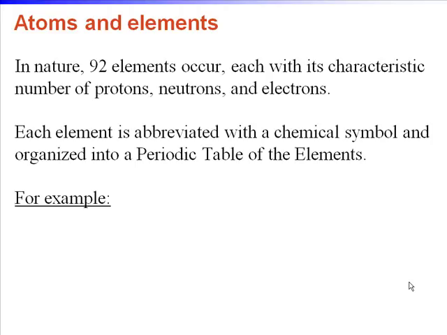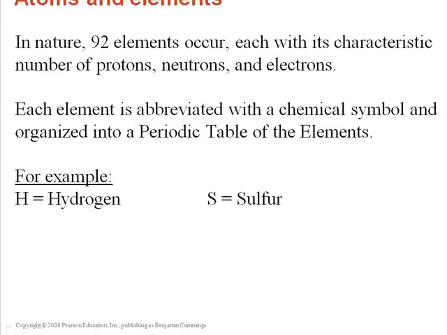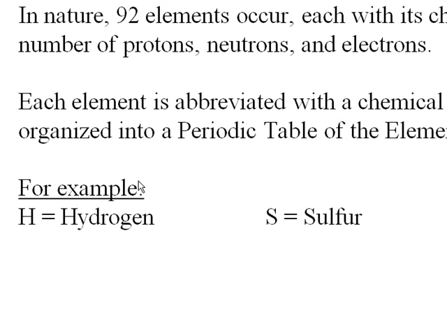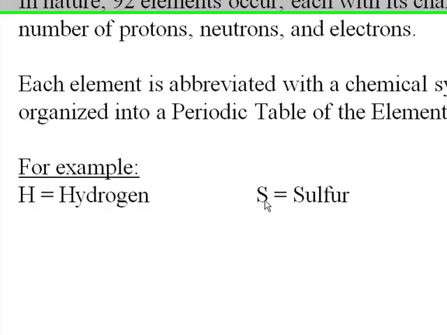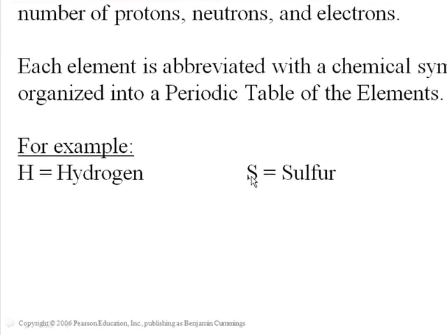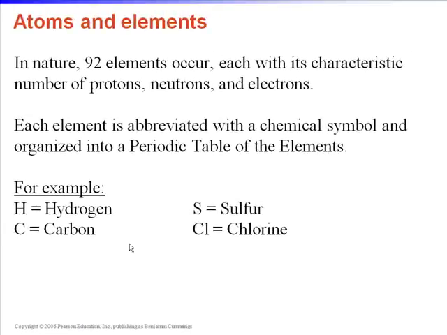Here are some of the elements that I would like you to know in the beginning of the course. We may add on to this list as we go on. Okay, so you can see here, the element hydrogen is abbreviated with the letter H. Sulfur, over here, abbreviated with the letter S. Carbon, letter C. Chlorine, Cl.